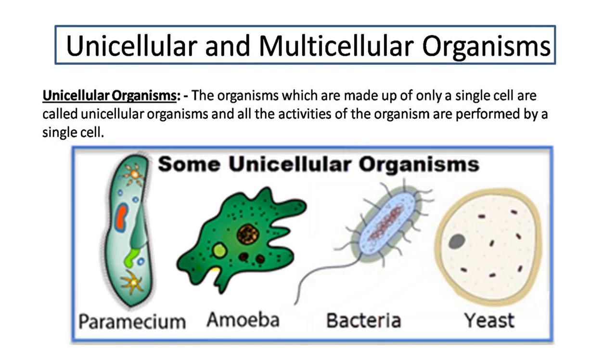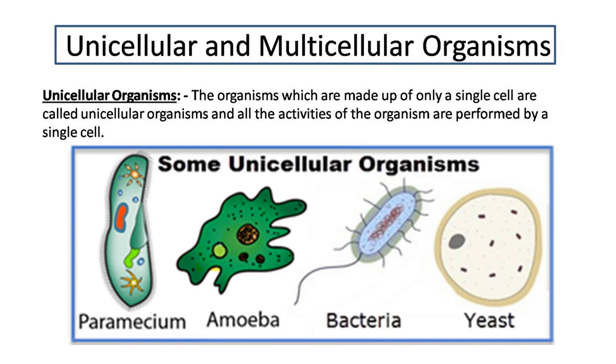Next, we shall see about unicellular and multicellular organisms. As you can see in the picture, there are some unicellular organisms like paramecium, amoeba, bacteria, and yeast.